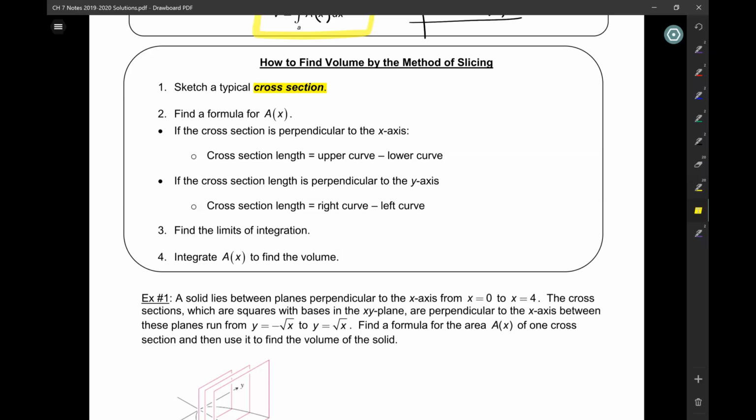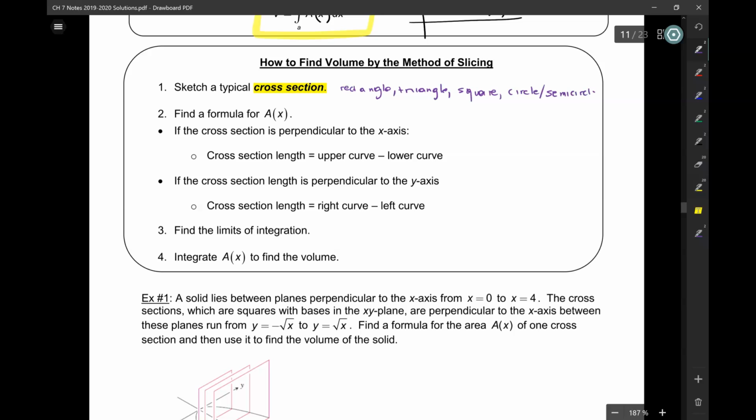It's a rectangle, right? So that's the cross-section. So what we do here first is draw a typical cross-section. In that case, it was a rectangle. So it could be a rectangle, a triangle, a square, a circle, a semicircle, and so on.